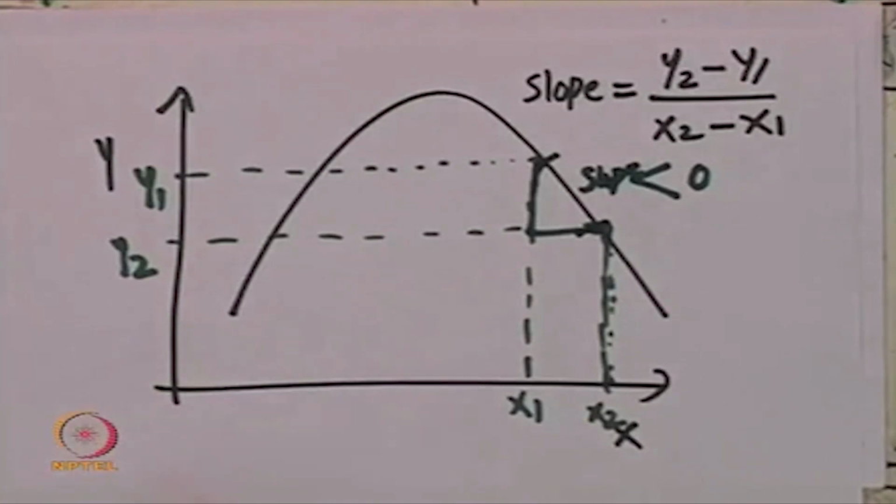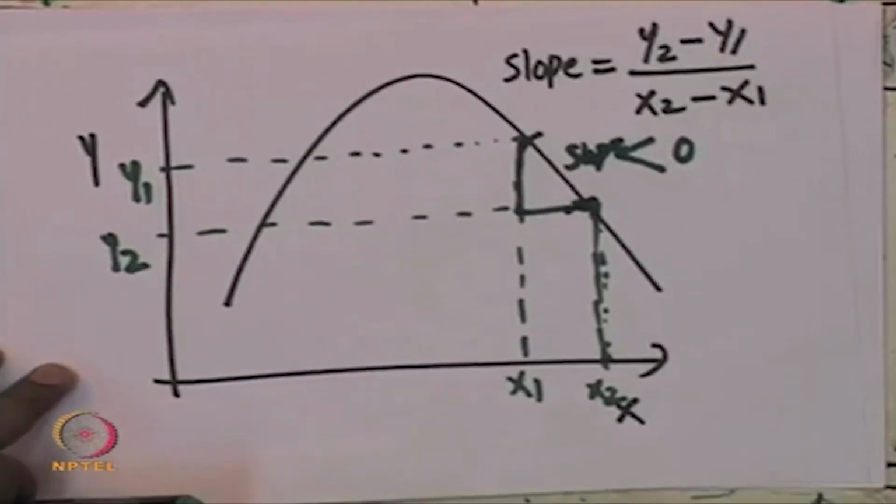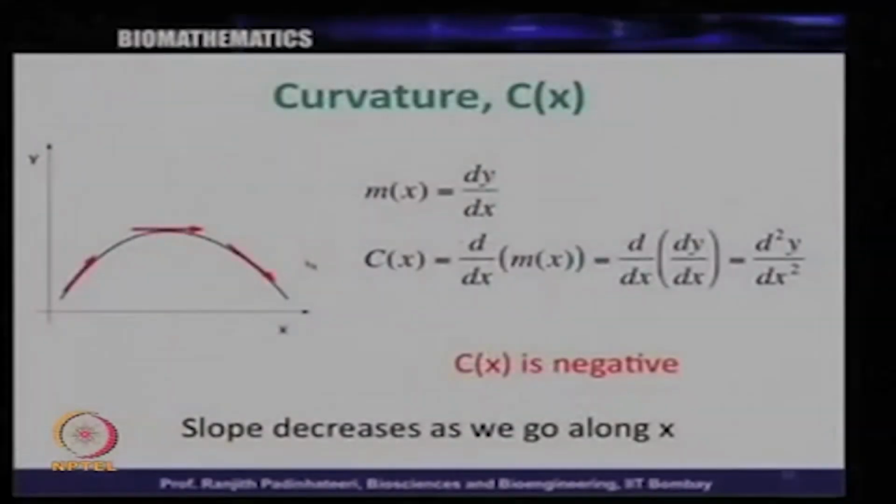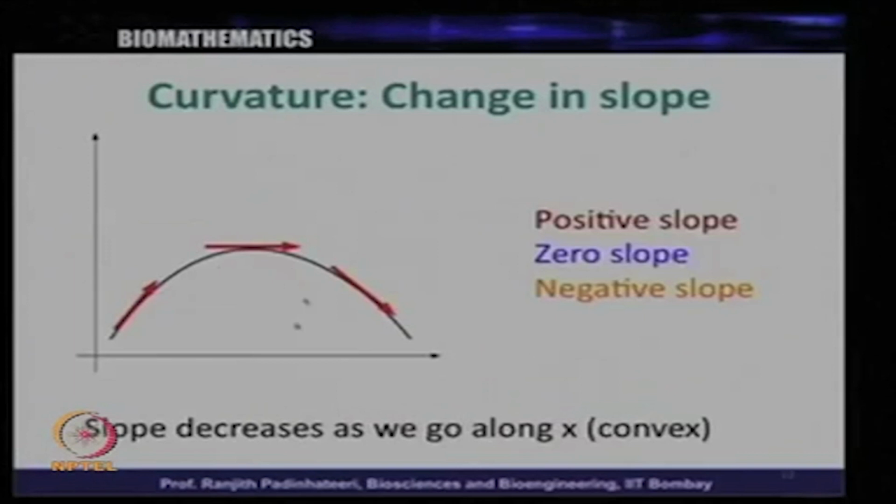So, we saw 3 cases. Here you saw that the slope was positive. At the maximum, the slope was 0. That means even if you change x, the y was not really changing.